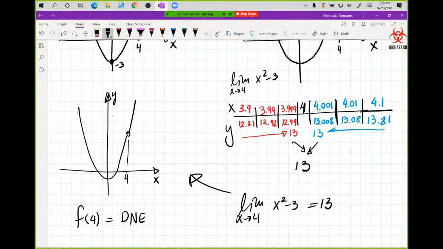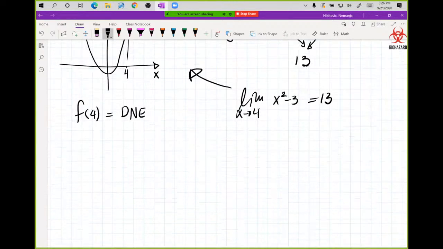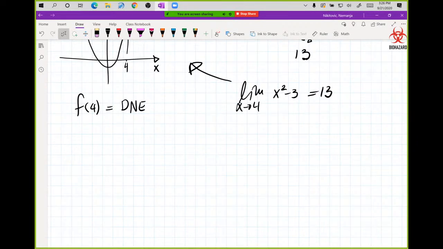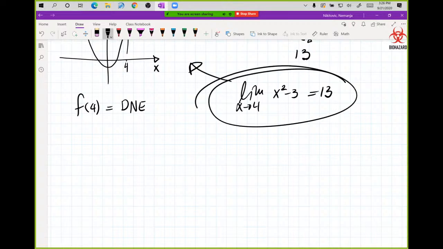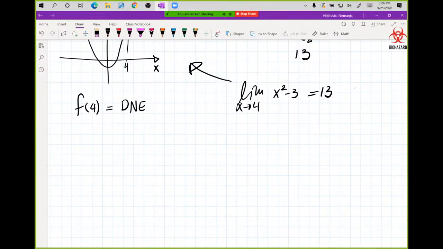And you would say, well, that's pointless because the point is not there. Why would you even want to know? Well, that's a valid question. And I'm going to say, well, how about a bridge that has one part of the bridge collapsed? This is the actual way you would approach to fix it.